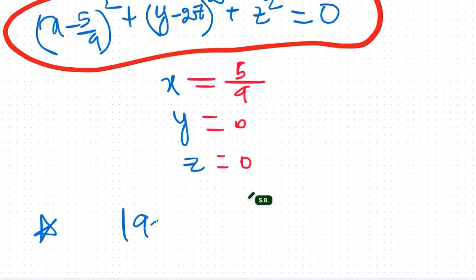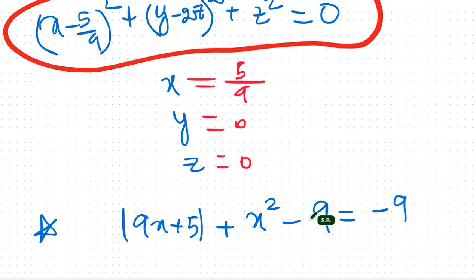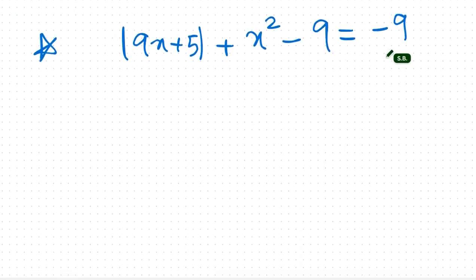So let's say there is a question: 9x plus 5 plus x square minus 9 is equal to, let's say, minus 9.